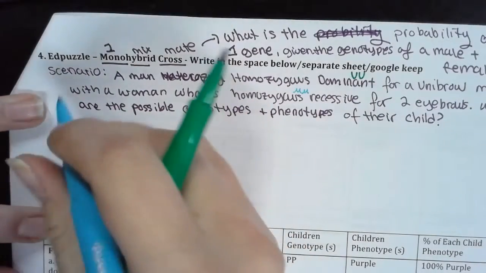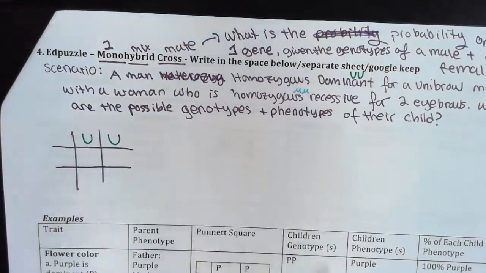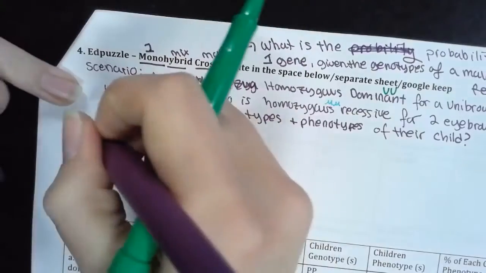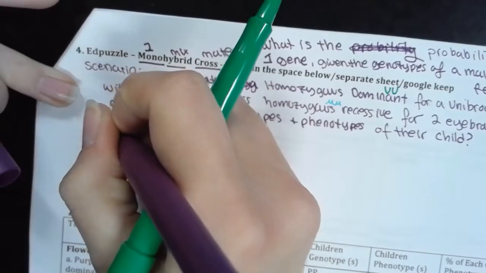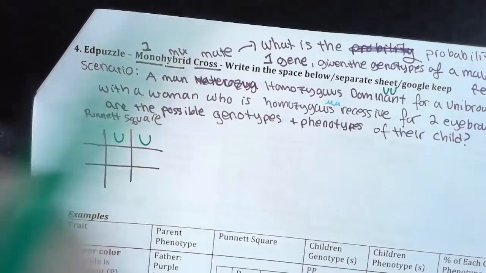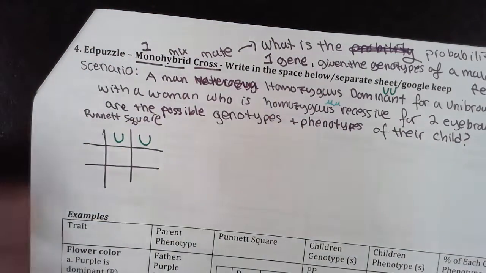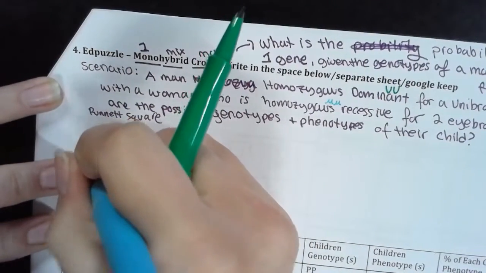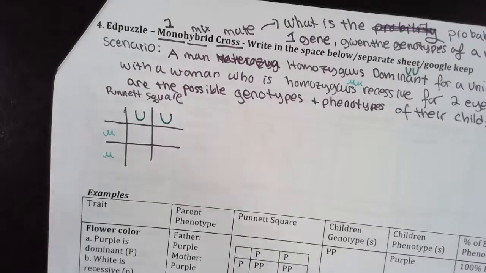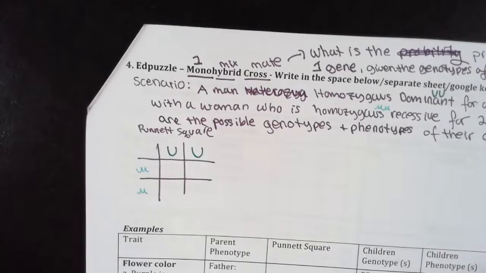This is what I'm completing. These are Punnett squares. This is a Punnett square. Punnett squares help me complete my monohybrid cross. So I have my dad on the top and my mom on the side, sorry. Alright, now to fill this in, it's like a multiplication table.